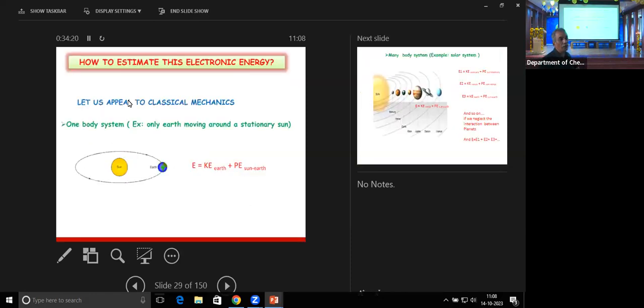How to estimate this electronic energy? Now let us come to the actual thing. So we are telling that it is at a very low temperature, it is giving a total energy which has no meaning, but it is there. Right? We have the energy of that. Let us appeal to classical mechanics, something which you people learn in school.